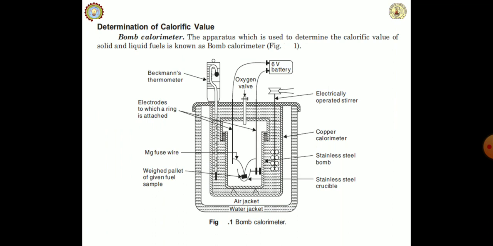In this diagram is the bomb calorimeter. This apparatus consists of a cylindrical stainless steel bomb, the lid of which is screwed to the body to make it airtight. Through the lid there is one oxygen inlet valve and two electrodes.